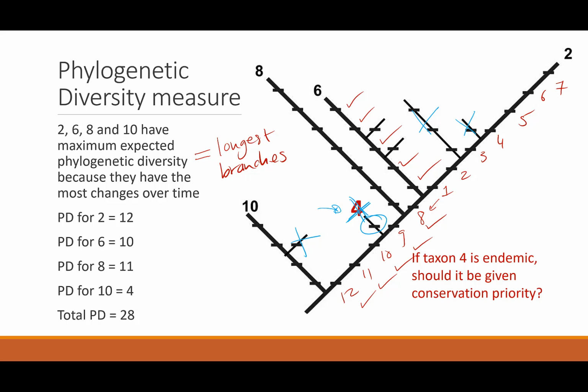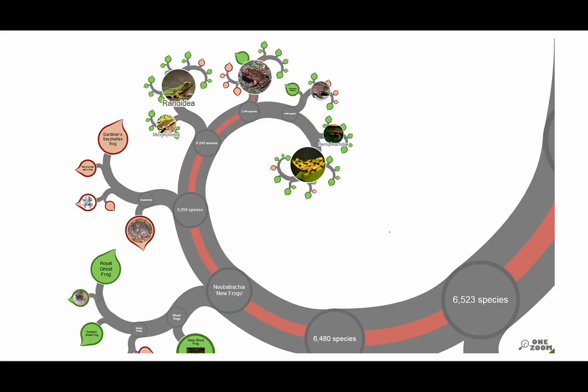This idea behind phylogenetic diversity underlies all of the other measures that have been devised over time. I also wanted to point out this really unique tool called the OneZoom tool. You can find it online, and I will show you a link to this particular website. It is a way for you to explore biological diversity.